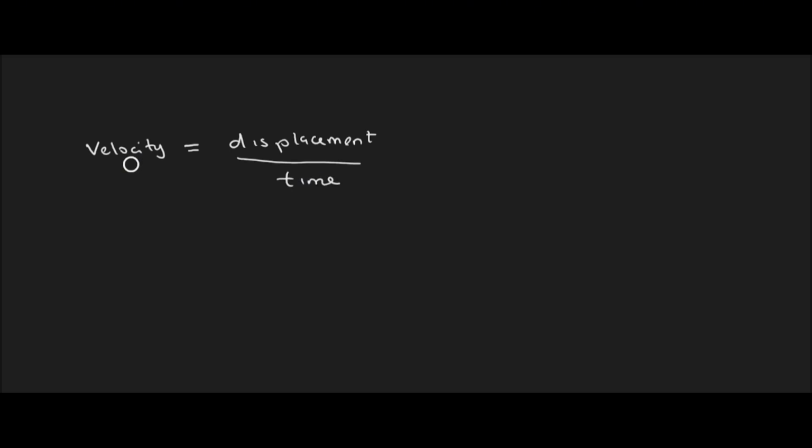Now let us take our velocity here to be v sub x, which is the final velocity. And I have said that the horizontal velocity of a projectile does not change. We can use either u sub x or v sub x. But let us use v sub x here equal to our displacement, which is the range, and we denote it by r. Let us put r over our time, let us use t. If we cross multiply like this, that means our r equal to v sub x times t.